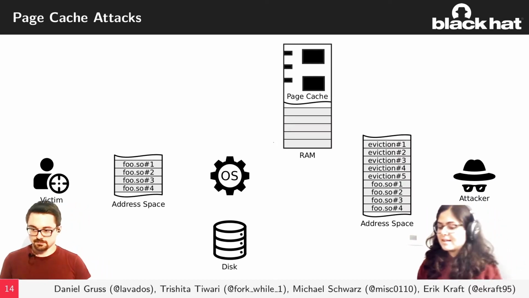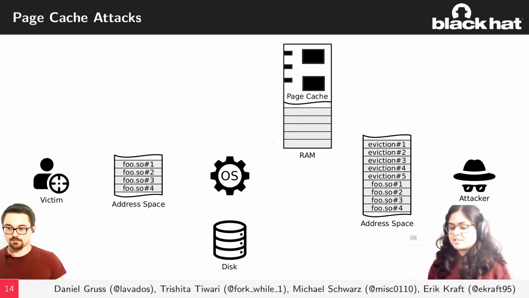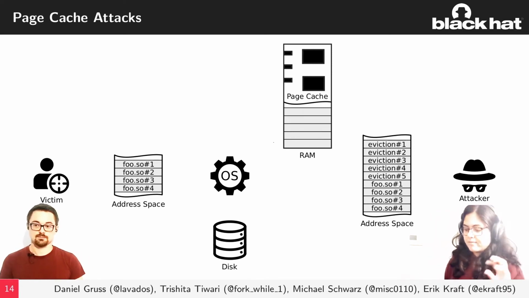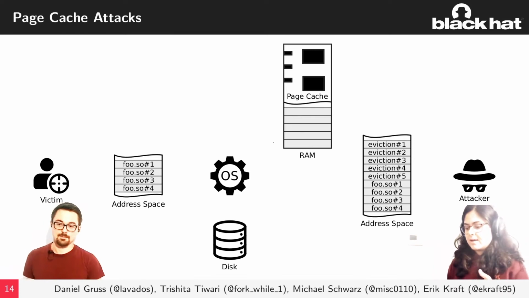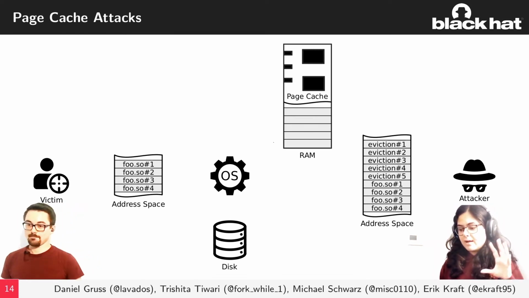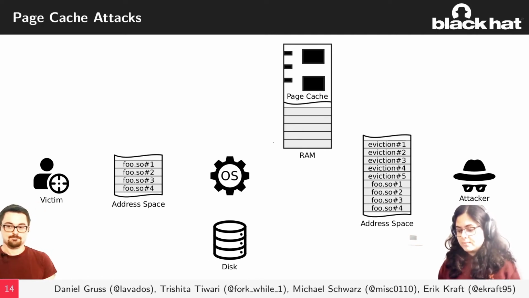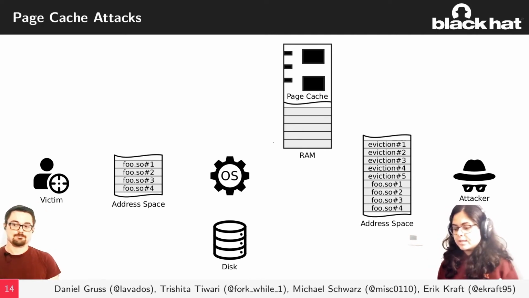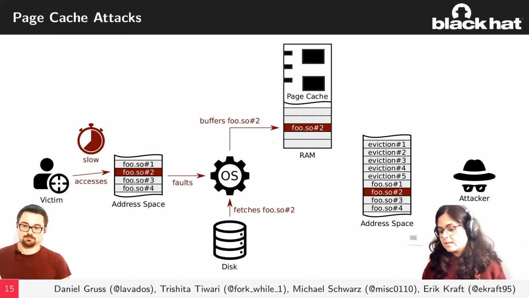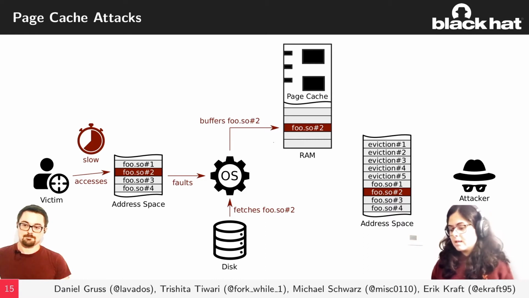Okay, so let's now talk about a simplified page cache attack. Over here, we have a victim, and on the side, we have an attacker, and we have the operating system kind of in the middle. What the victim does is it reads a page. The first time you read a page, obviously, it will be a cache miss.